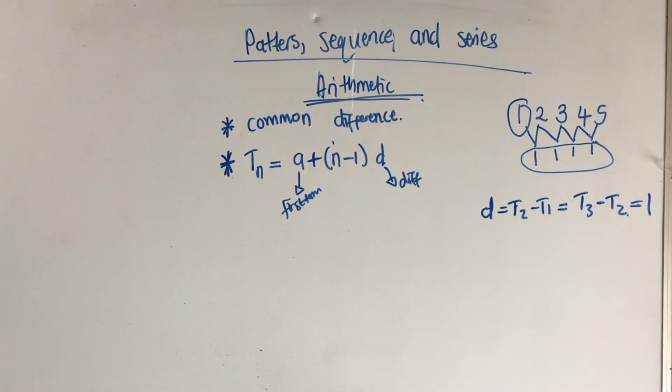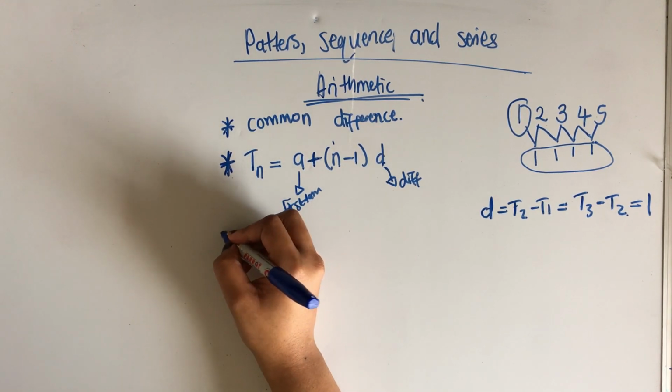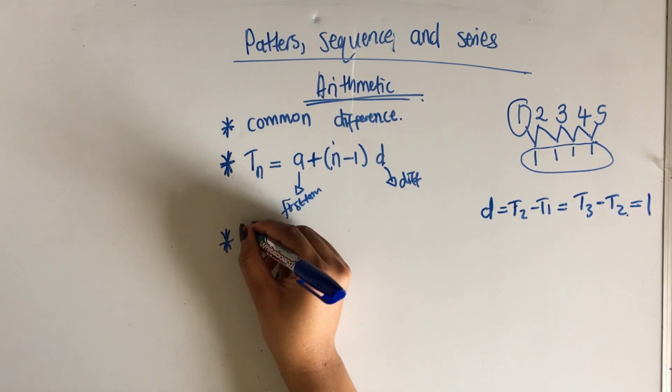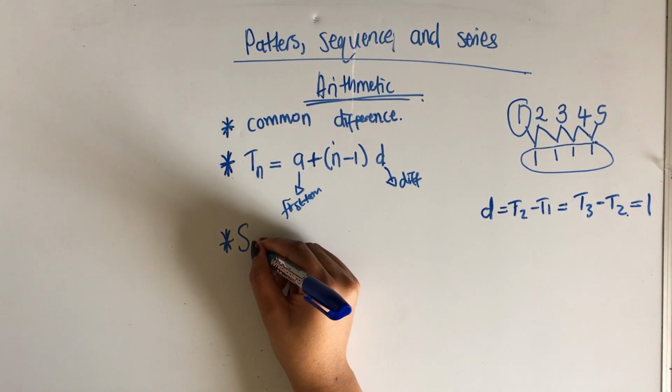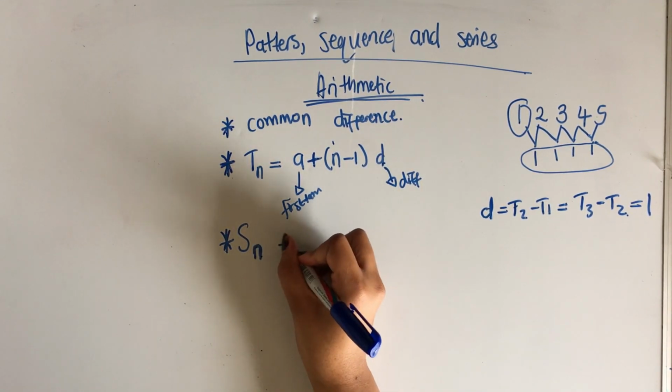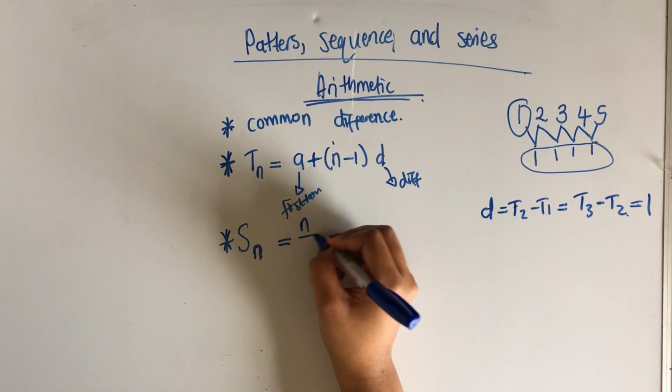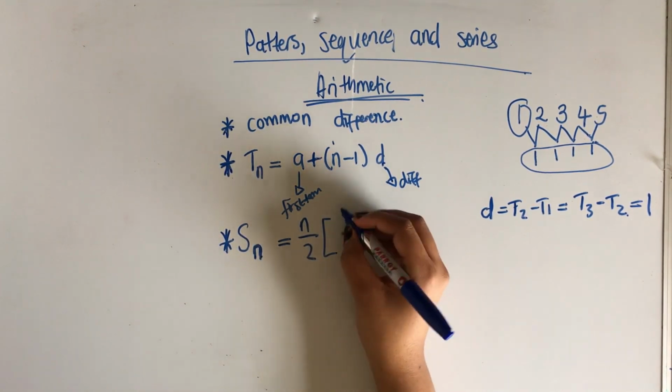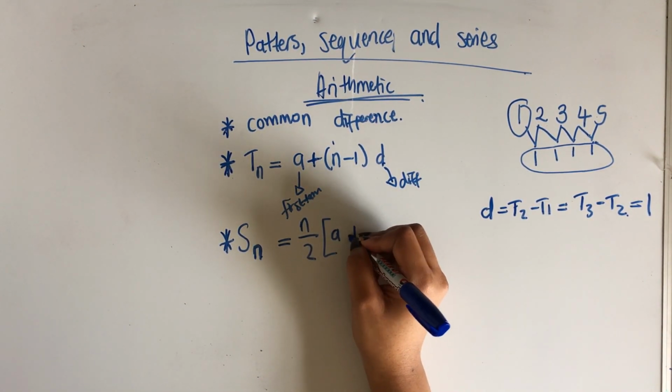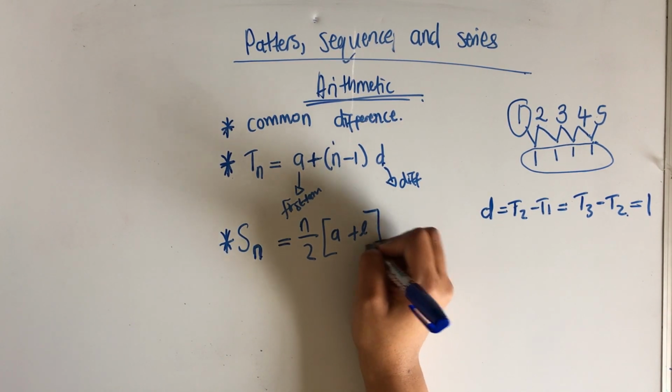And then you might also be asked to calculate the sum, and this is how you do it. Sn equals n over 2 times (a plus l), where l is your last term.